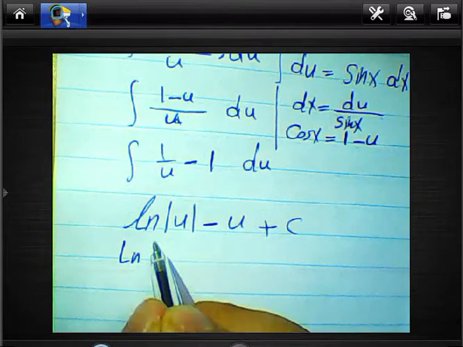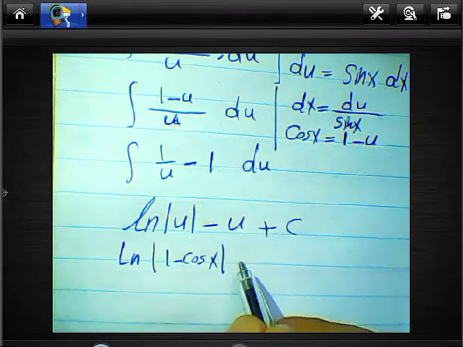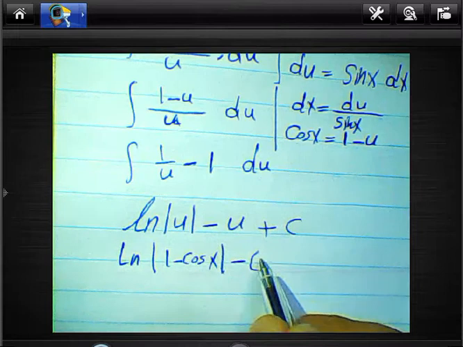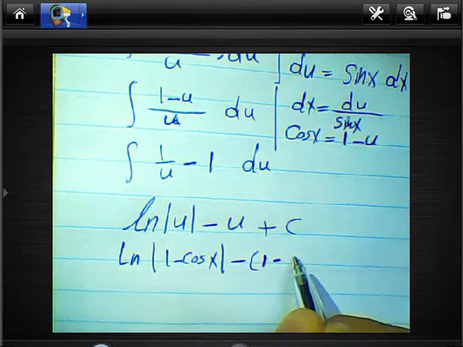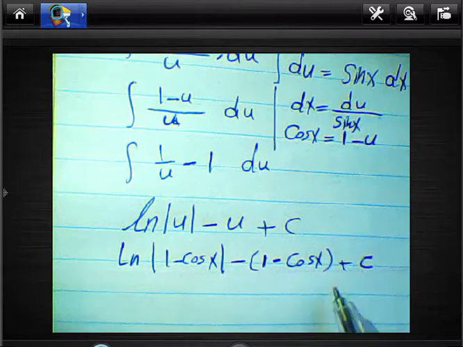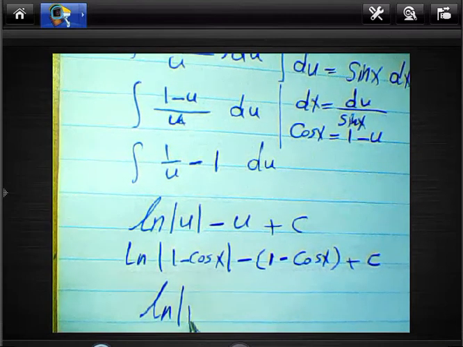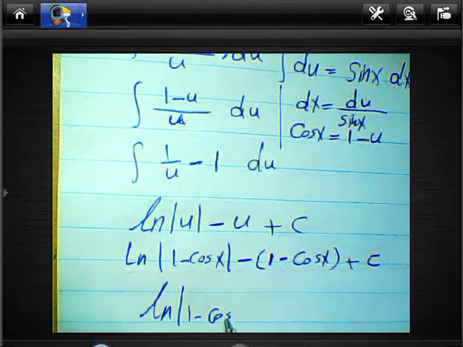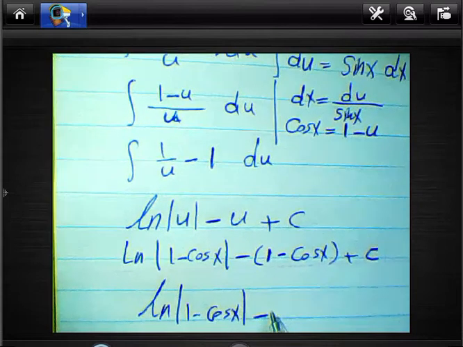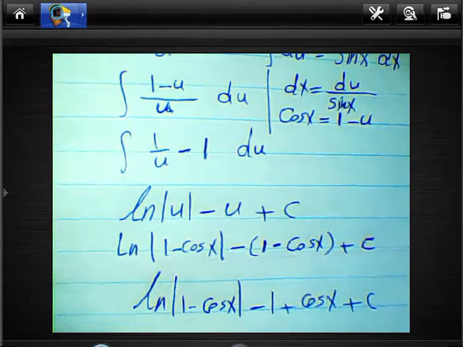Then the result will be ln absolute value of 1 subtract cosine x, subtract 1 subtract cosine x, plus constant. It's okay.